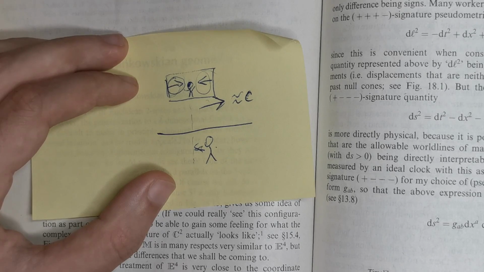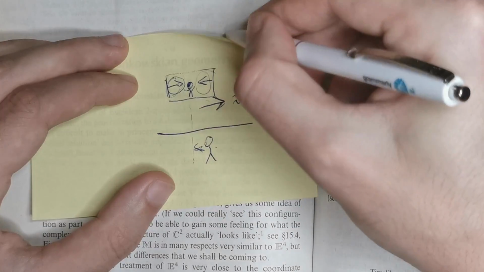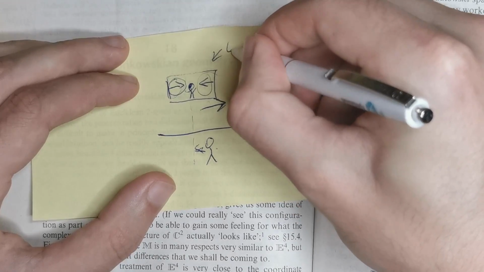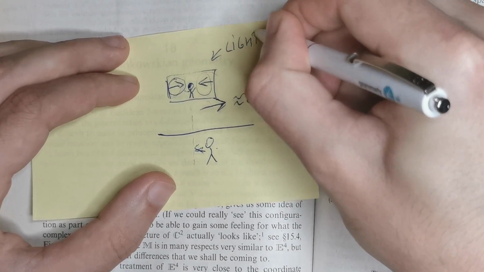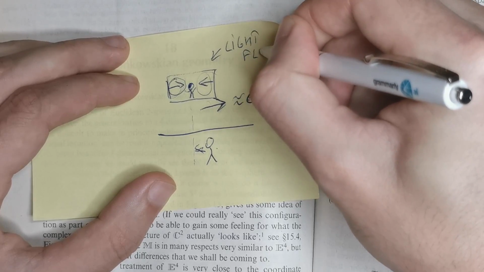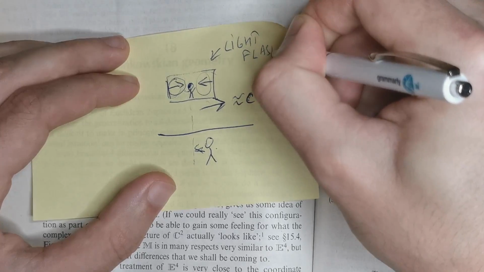So for the person within the train car, there are no experiments they could do to determine that they're moving. Right.